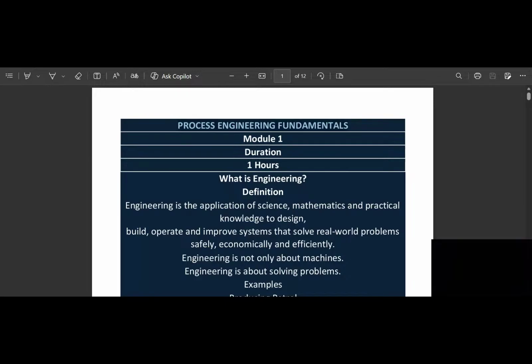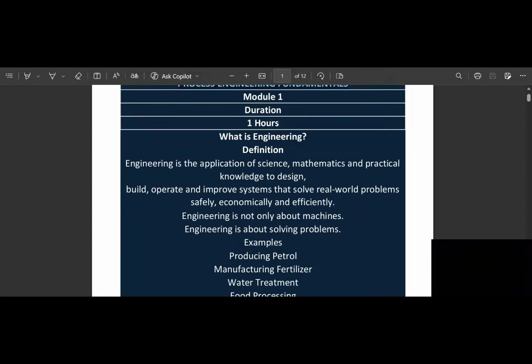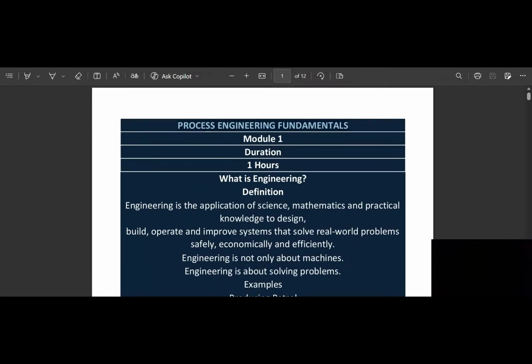Okay, guys. So let's start with the topic. Okay.